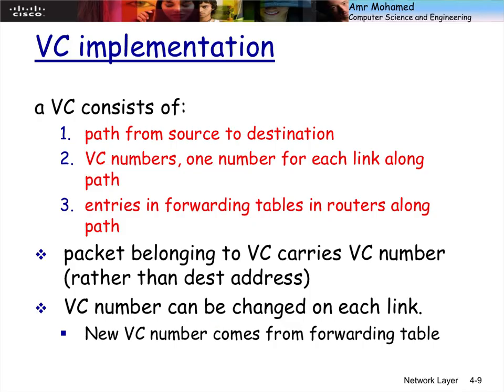Virtual circuit number can be changed on each link. This conflicts with what we discussed so far. If we're saying that virtual circuit refers to one deterministic route end-to-end, how come we say here that the virtual circuit number changes at every router?